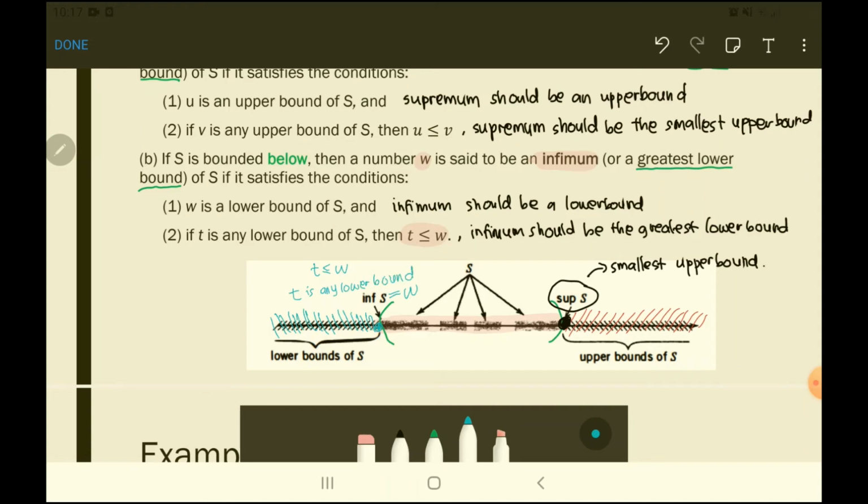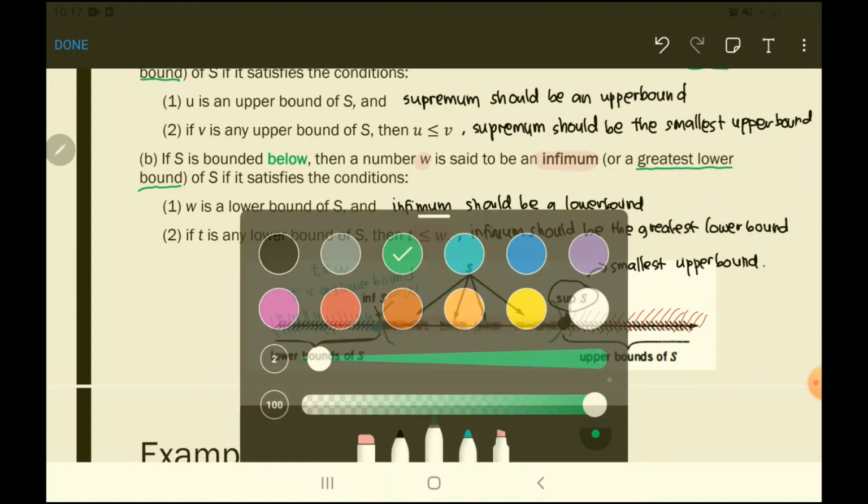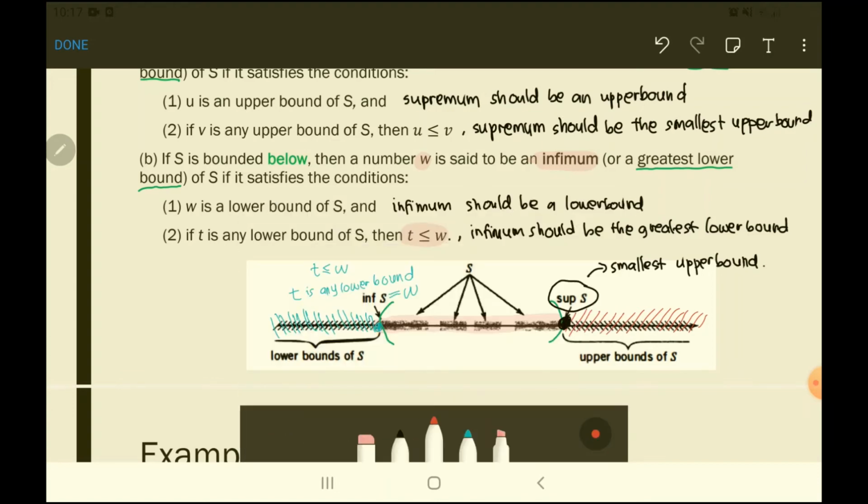It's also the same with the supremum. Let's say I have phi as any upper bound. Then the supremum U will always be less than or equal to phi.